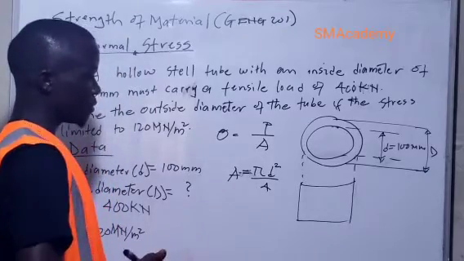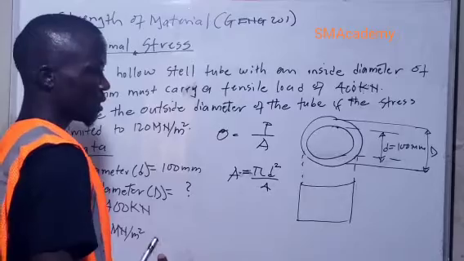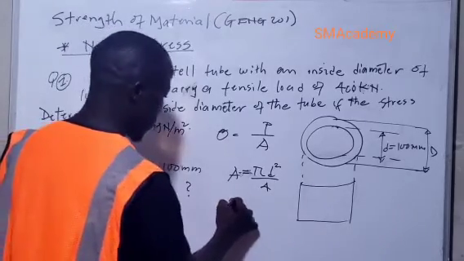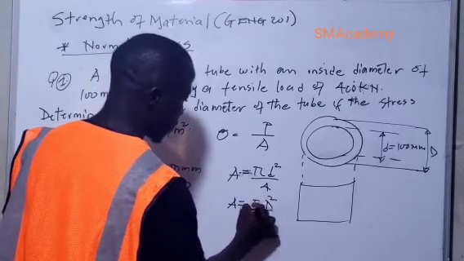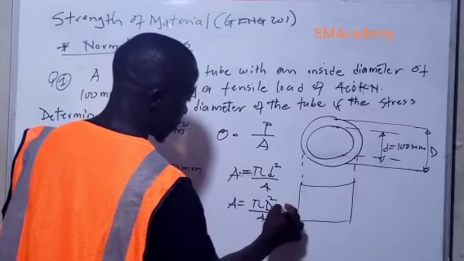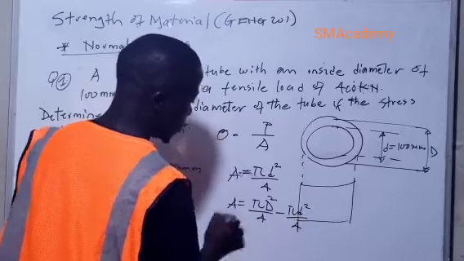But here they give us two diameters, so we have to subtract the smaller diameter's area from the larger one's. So we say the area is equal to pi D square over 4 minus pi d square over 4.